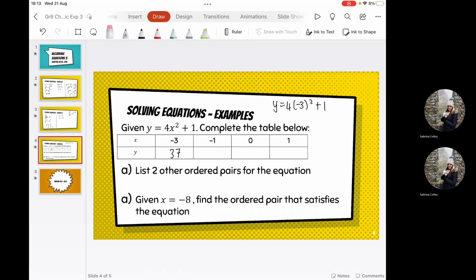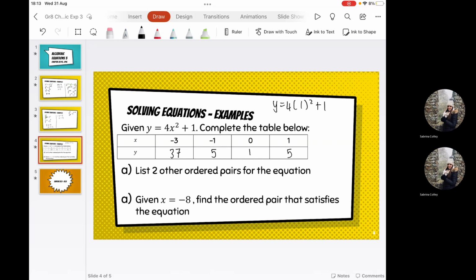Then I would put in negative 1, so it would be 4 times 1 plus 1. That would be 5. Then if I put in 0, so 4 times 0 squared plus 1, that would just be 1. If I put in 1, that would be 4 times 1 squared plus 1, that would be 5.